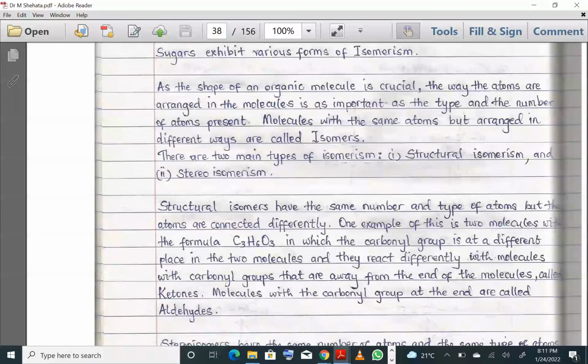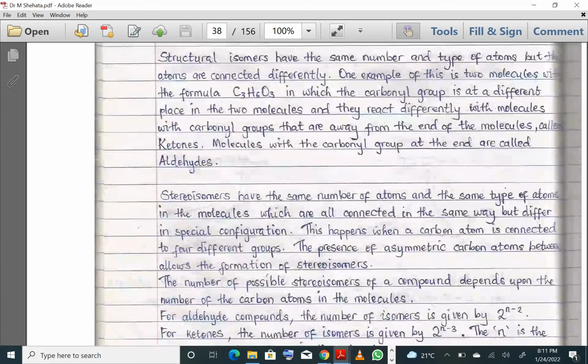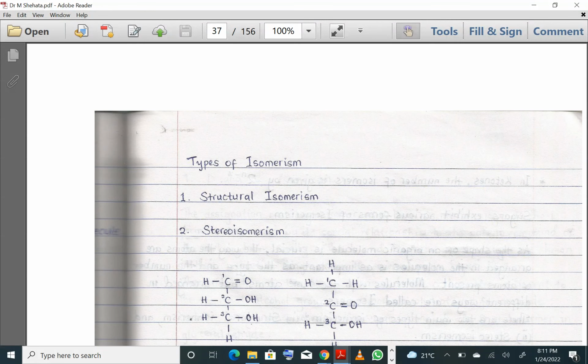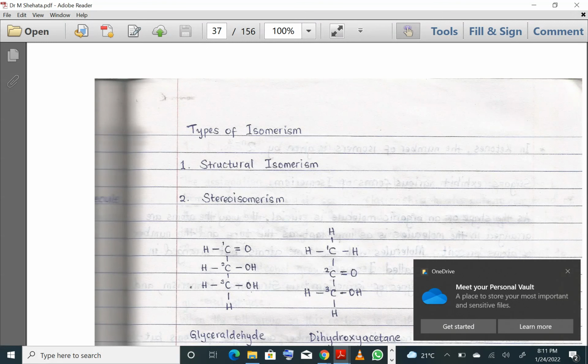Okay, so we've already talked about the structural isomers, where they've got the same number and type of atoms, which is the same molecular formula, but different structural formula. And I explained, for instance, for those two molecules that we started with, glyceraldehyde and dihydroxyacetone, they have the same molecular formula, which is C3H6O3.